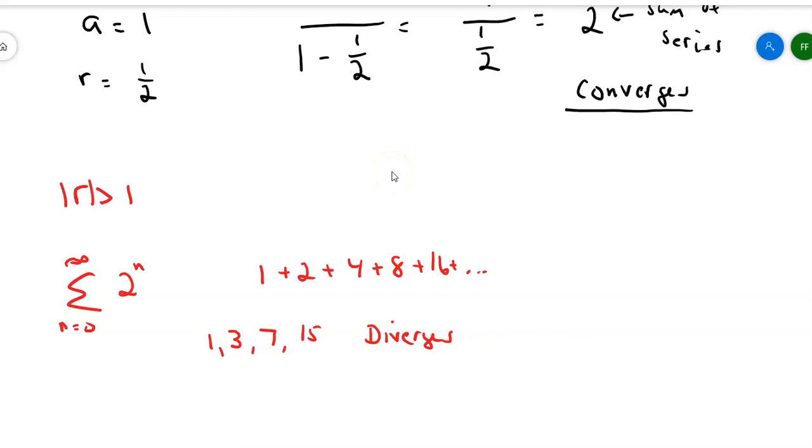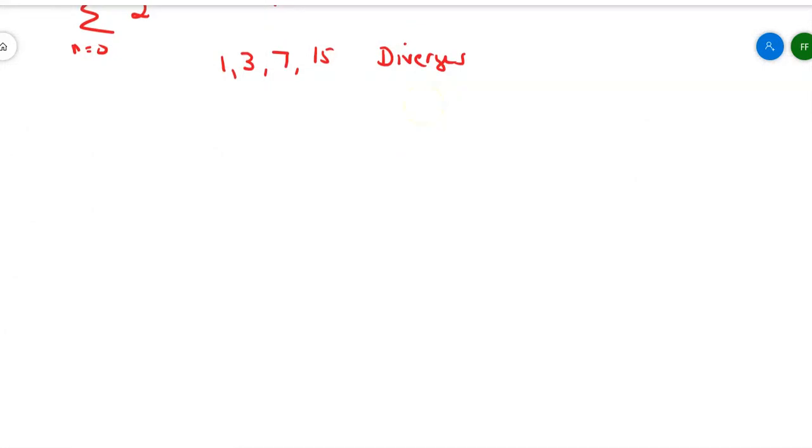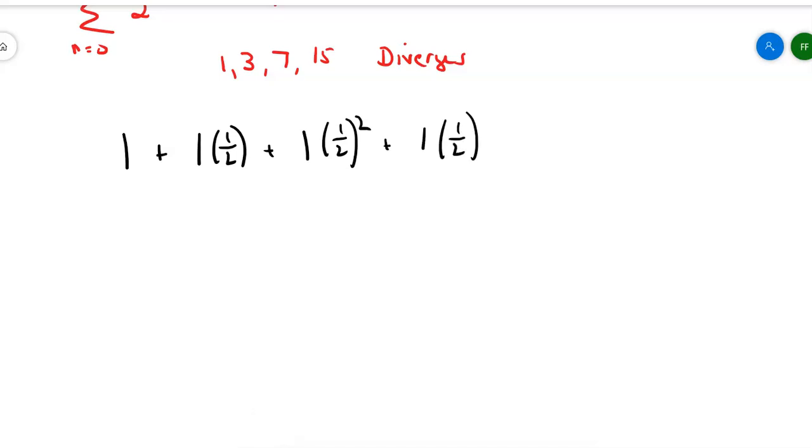It turns out that you can write a geometric series as a sum in this way. So suppose I went back to my example of the 1/2 to the 0, 1/2 to the first, 1/2 to the second, etc. Could I write it like this? 1 plus 1 times a half plus 1 times a half squared plus 1 times a half to the third, and so forth?